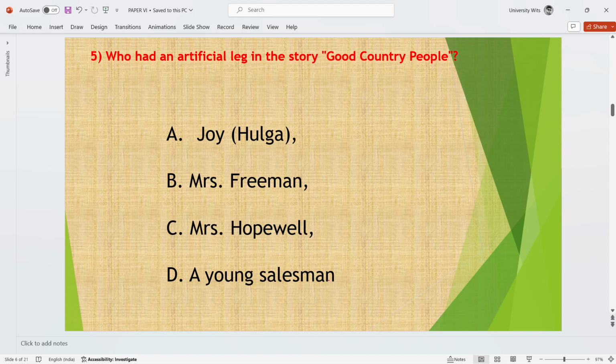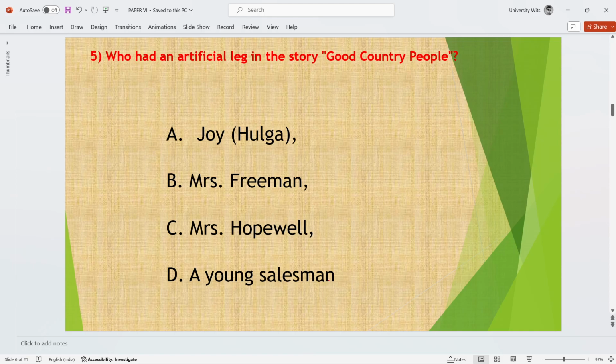Remember? Even she goes by the name Hulga, which she feels better reflects her personality after the life-altering event. The story explores themes of identity, disability, and deception.